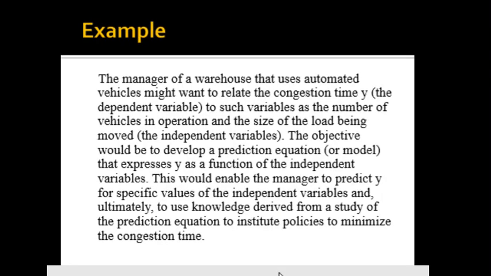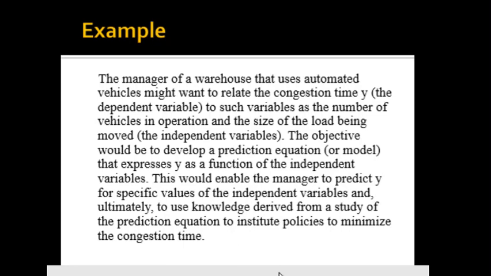Here's an example to think about this. So let's say there's a manager of a warehouse who uses automated vehicles, and he might want to relate the congestion time, let's call this y, the dependent variable, to such variables as the number of vehicles in operation and the size of the load being moved. So these two variables are independent variables which make a change in the congestion time.